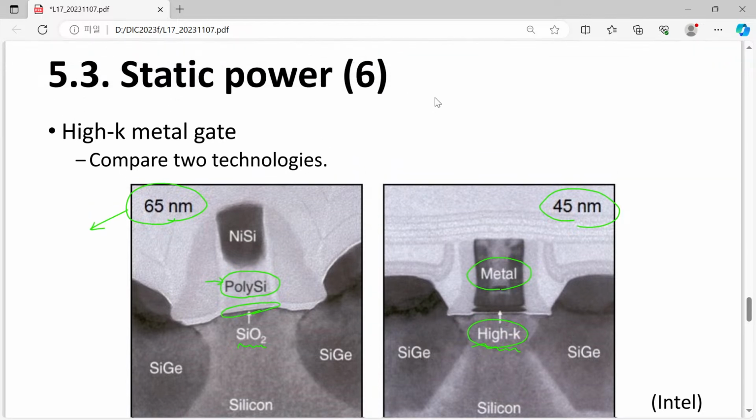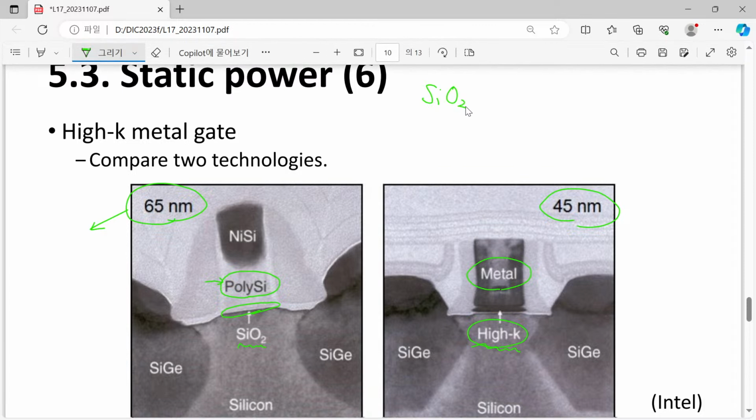In the case of silicon dioxide, we usually say that the relative permittivity of silicon dioxide is about 3.9.